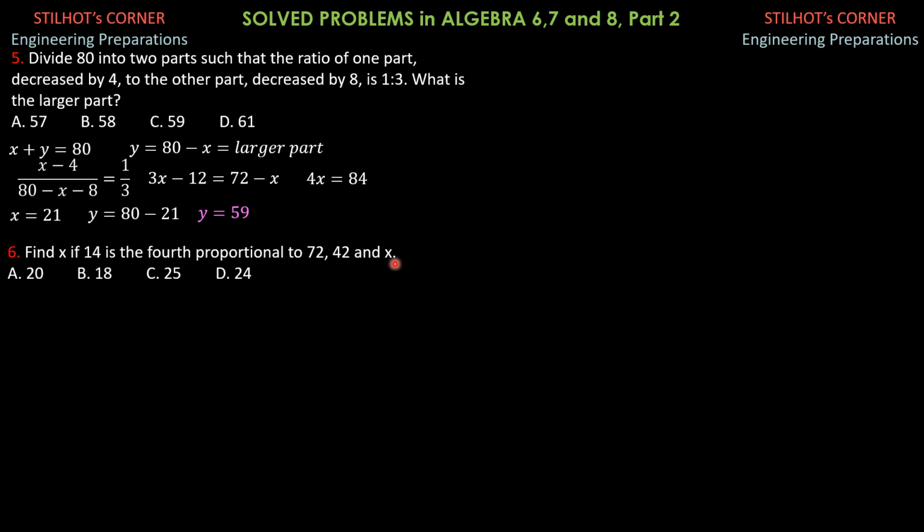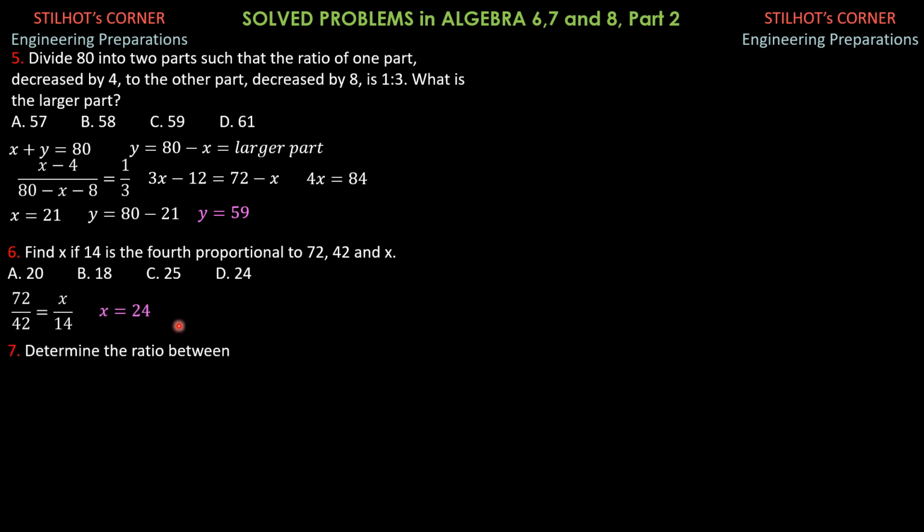So we have to set up the equation: 72 over 42 equals x over 14. So using your calculator, 72 times 14 over 42 is 72 times 1/3, or 72 over 3. So x is 24.